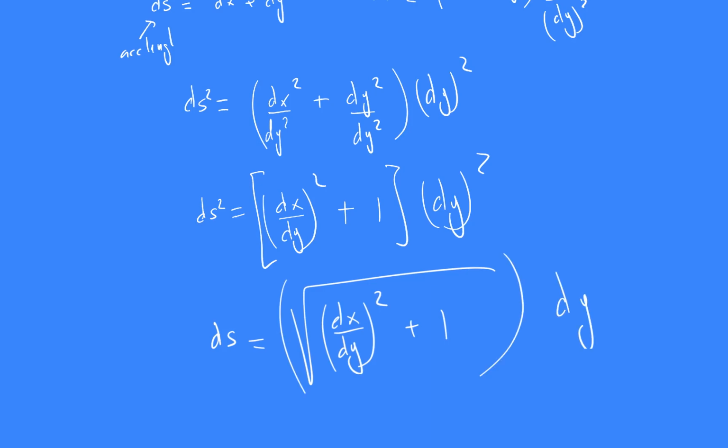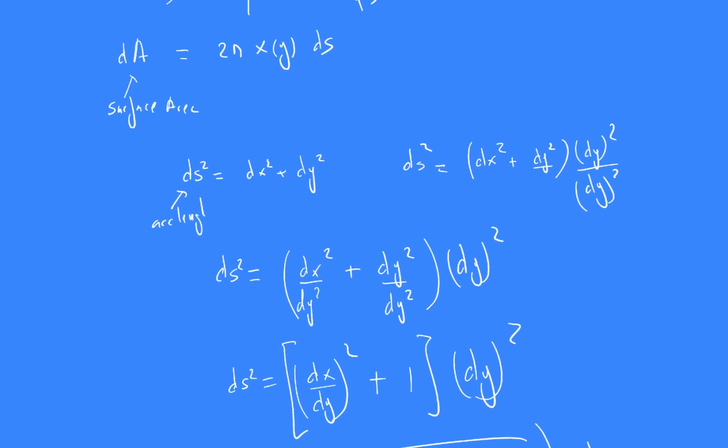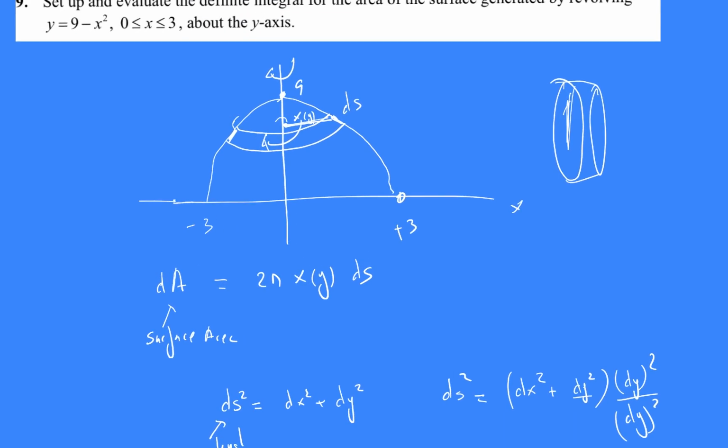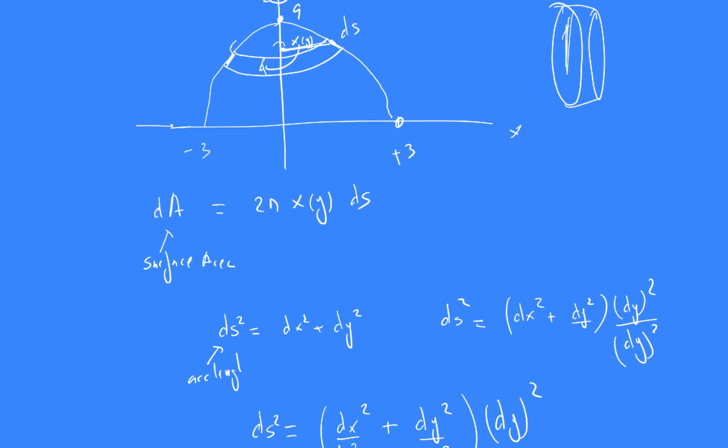And now I have to use the formula with this ds because I have x of y. Okay. So what is the formula for the surface area? Here, this is the element of the area, 2 pi x of y.